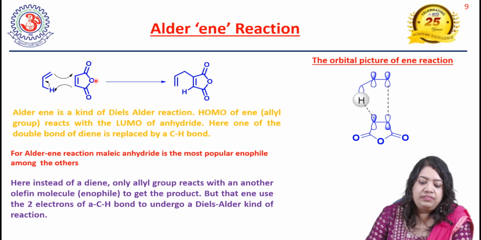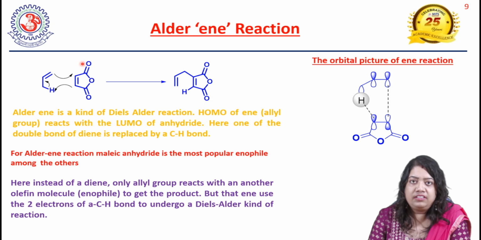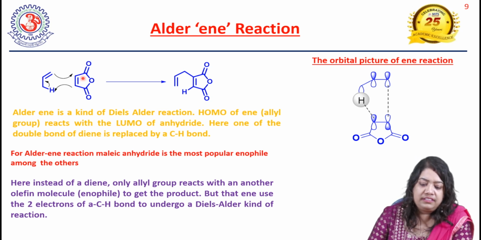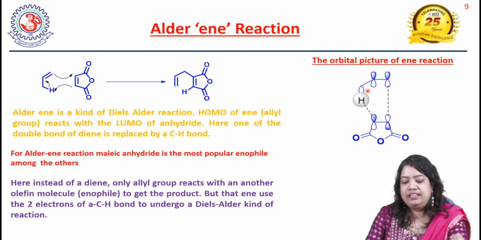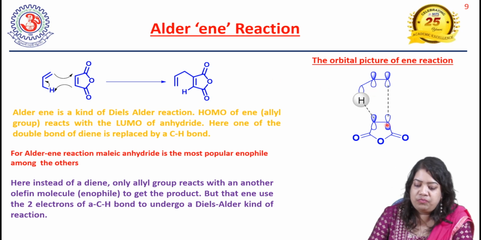The dienophile will be the same as before, but in this reaction it is considered an enophile. So this single bond is considered the ene, and the other counterpart is known as the enophile. Propene is the simplest ene we can consider. Here, the HOMO of the ene will overlap with the LUMO of the enophile, the anhydride, to form this kind of product.